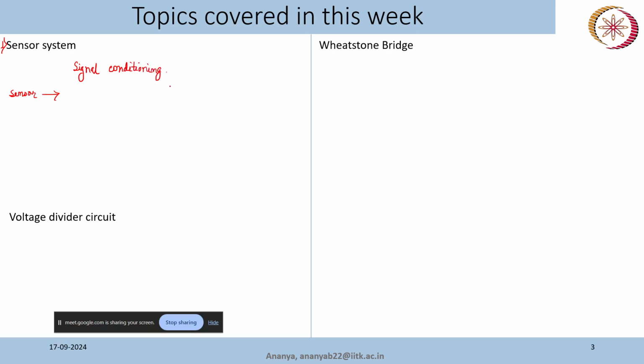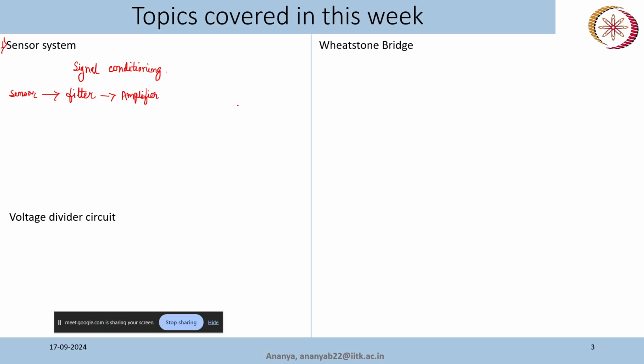What are the different components in the signal conditioning circuit? First is the filter, which will filter out the actual output signal, and then the amplifier. If the output of the sensor is low, say it gives an output signal in the microvolt or microampere range, it may not be readable by your measuring system.